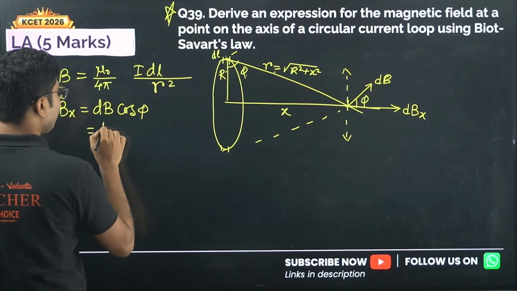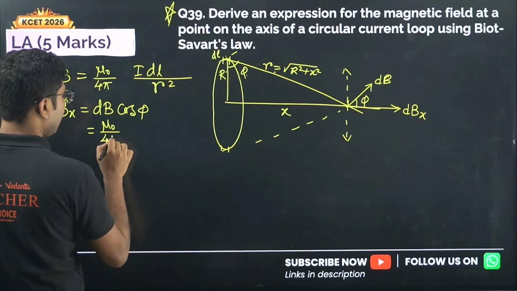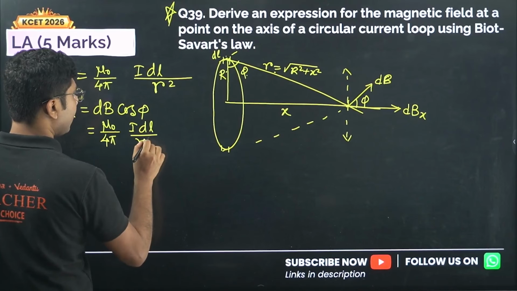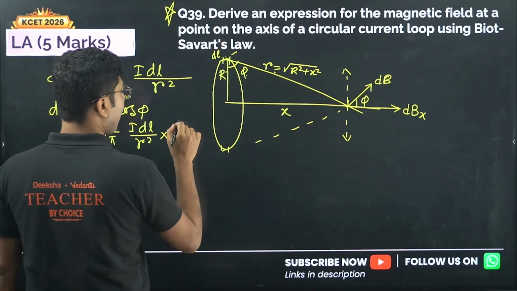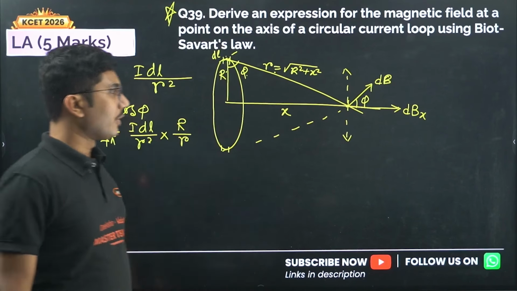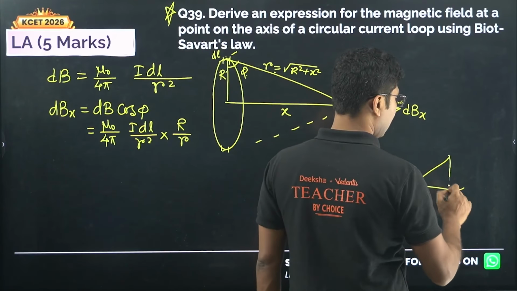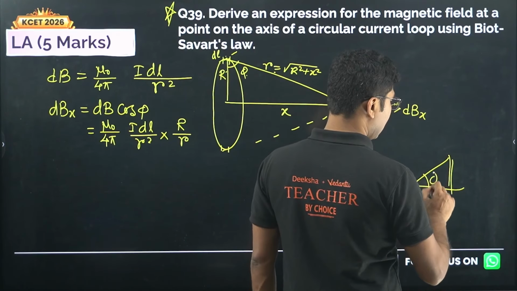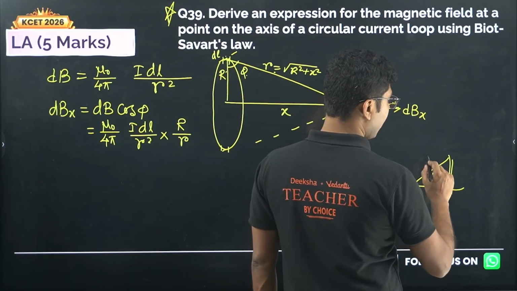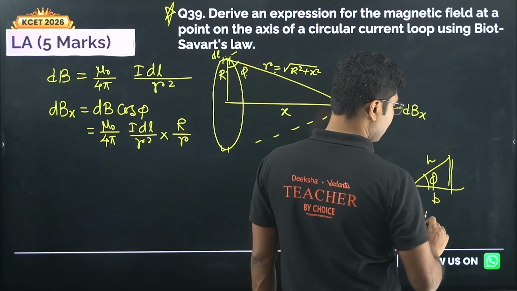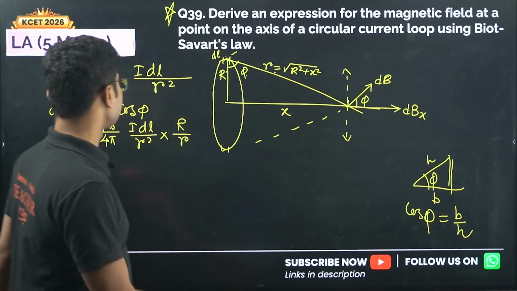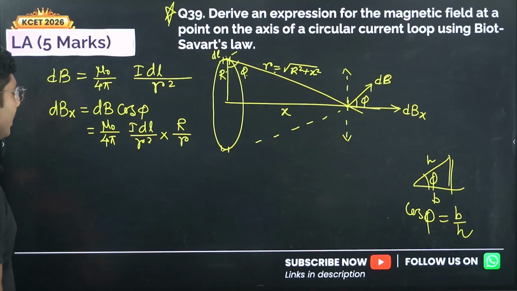So dBx is mu naught by 4 pi, I dl by r square, into capital R divided by small r. For any right angle triangle, if this is your theta or phi or anything, cos theta is always base divided by hypotenuse. The same concept we have used over here.